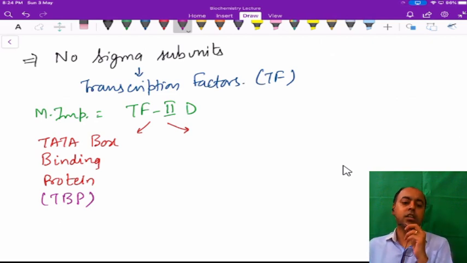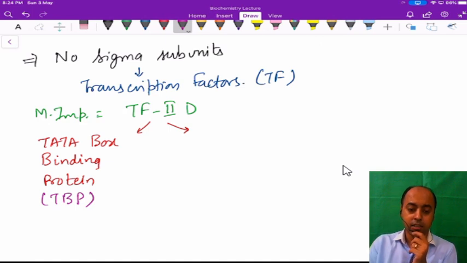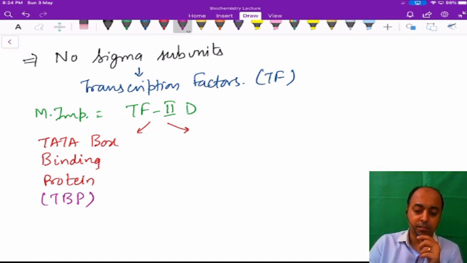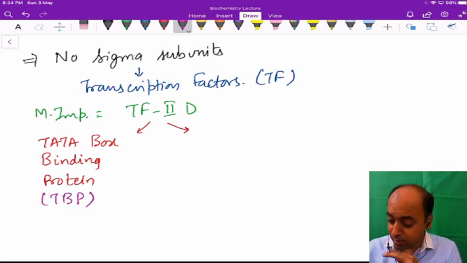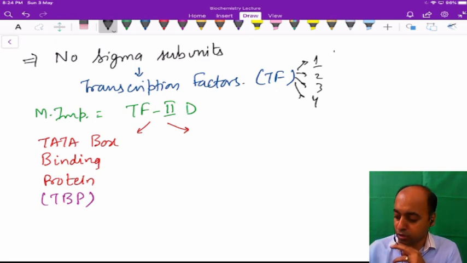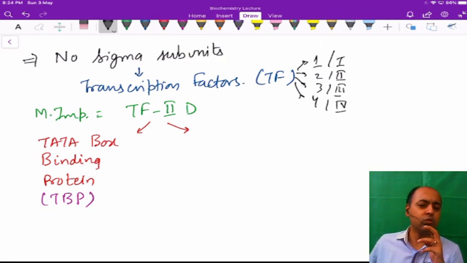So I was saying, in the eukaryotes we don't have the sigma subunit. Rather, we have what are known as the transcription factors, which we write as the TF. They are numbered 1, 2, 3, 4, like this, or you can use the Roman numerals, and so on and so forth.